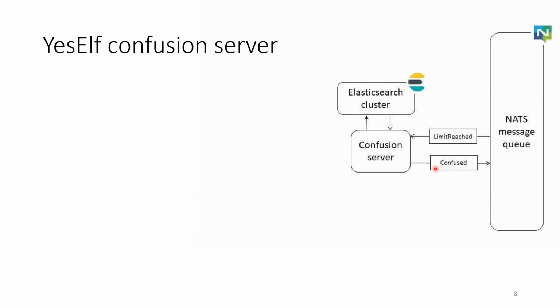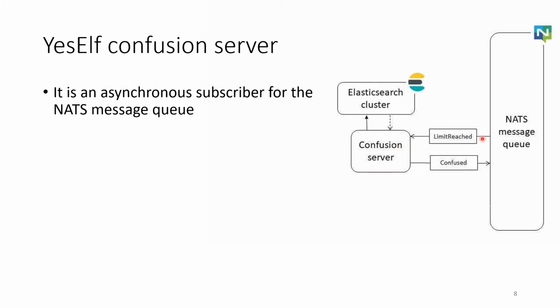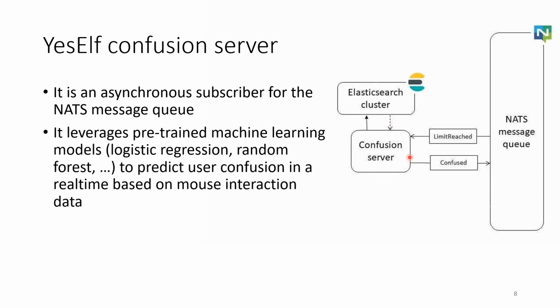Now the most important part of our solution is, of course, the confusion server. It is subscribed to the limit reach event, so it receives this event which initiates confusion detection, and then it does several things. First, it retrieves a pre-trained machine learning model from the Elasticsearch cluster, which is trained for that specific custom application. And it also retrieves the last n seconds of user mouse data, which is also stored in Elasticsearch.